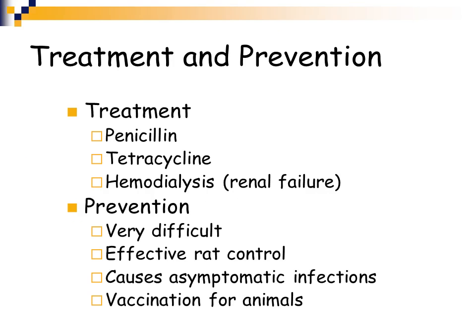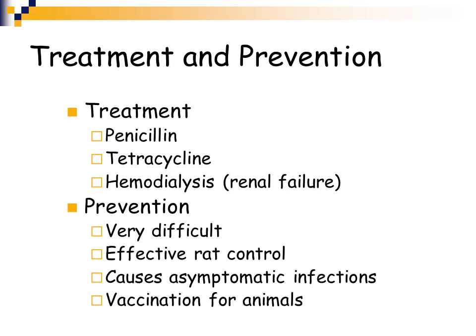You can treat infections with penicillin or tetracycline. Now, individuals that have renal complications, kidney failure, would have to have hemodialysis done on them. Prevention is extremely difficult because a lot of animals get Leptospira, and then the organism is going to be coming out in their urine.